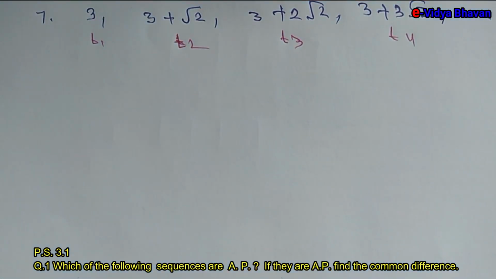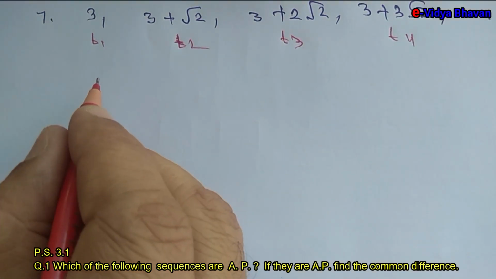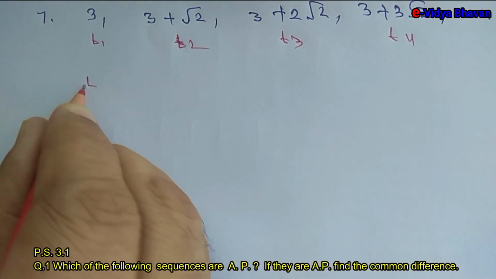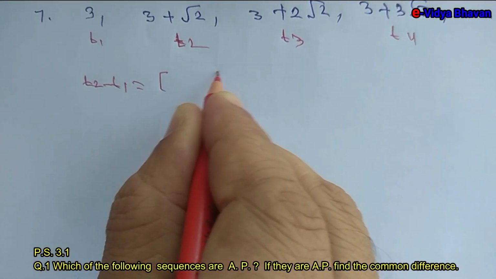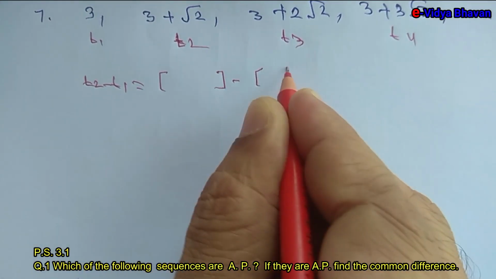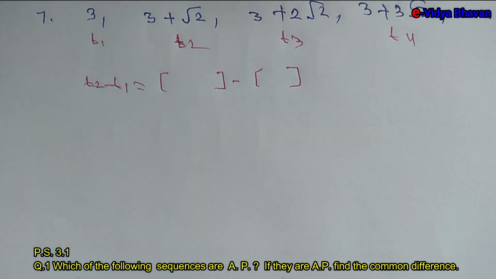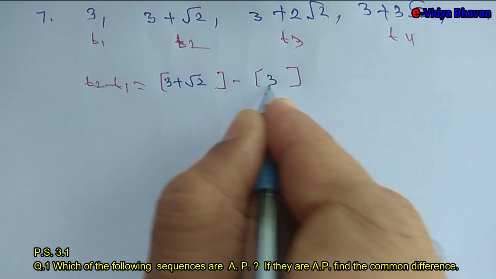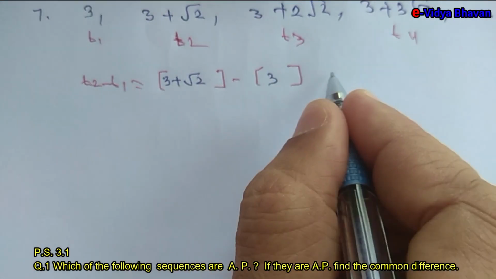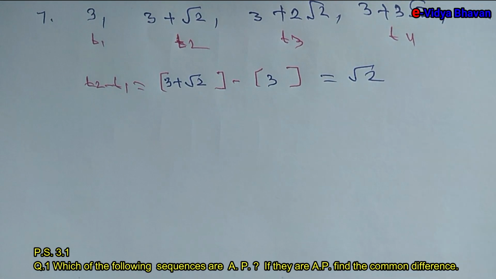Now, to find whether the sequence is AP or not, same way, let's take the difference. T2 minus T1, second term minus the first term, that is 3 plus root 2 minus 3. So this 3 will get cancelled and you are getting root 2.